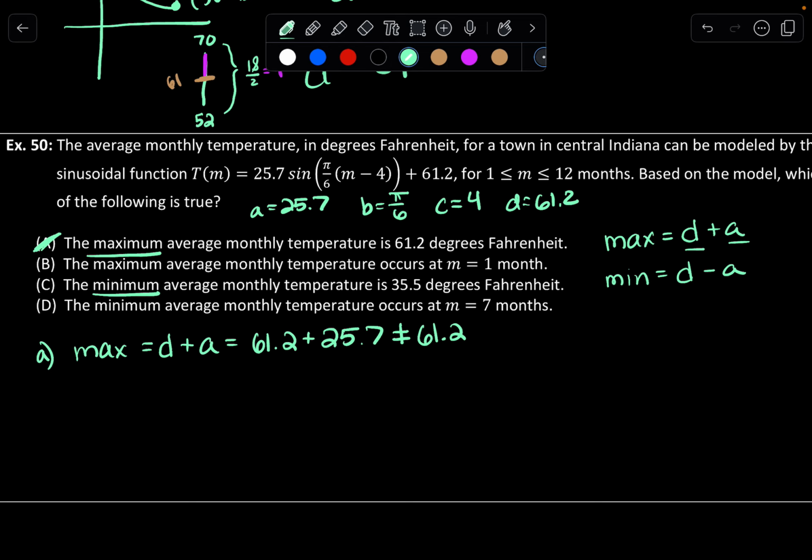The maximum value is going to be 61.2 plus 25.7, which is actually equal to 86.9. So the question is, will T of 1 equal 86.9? That's the question.